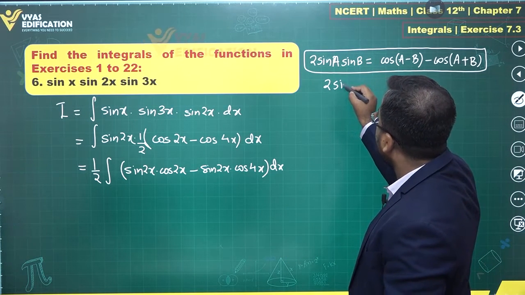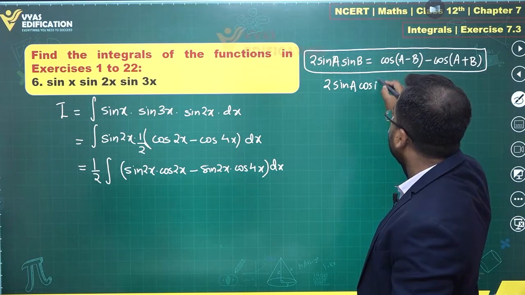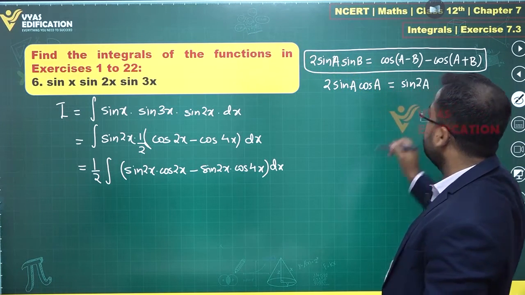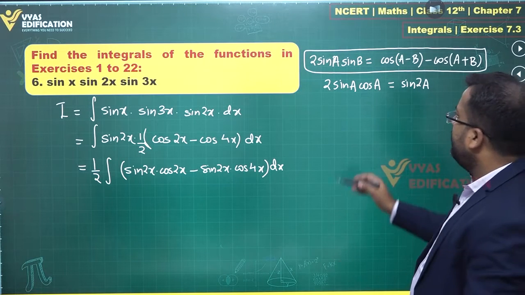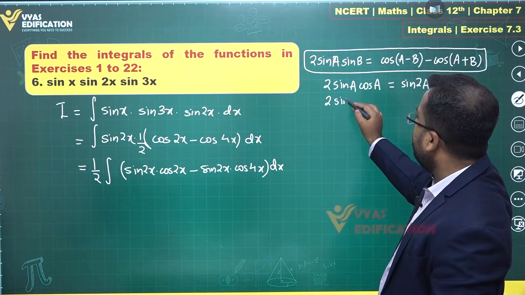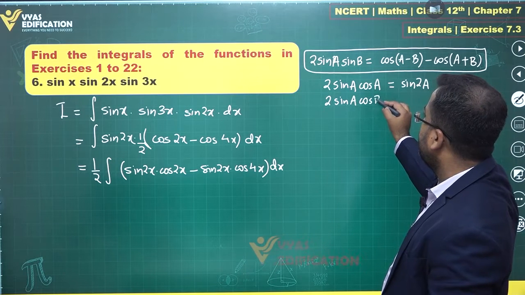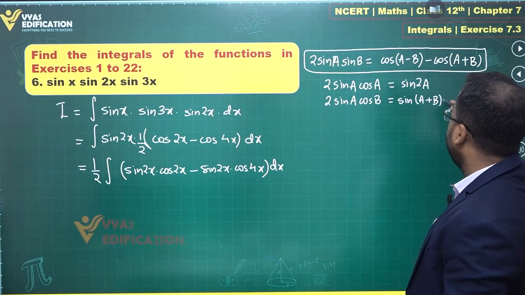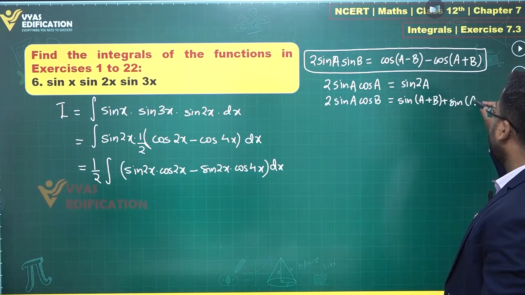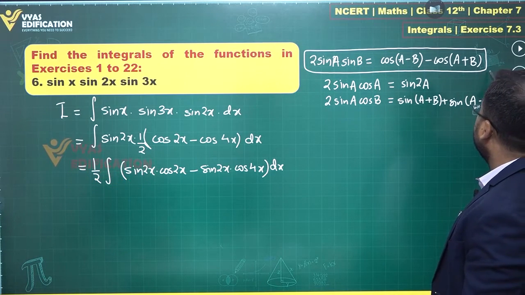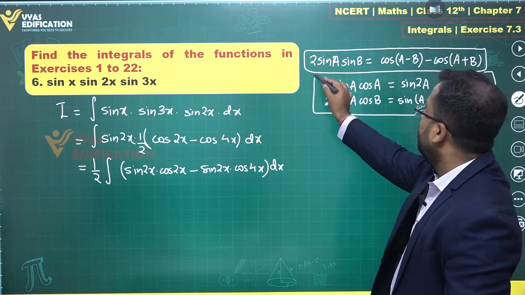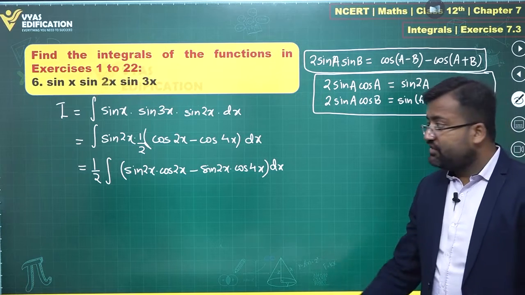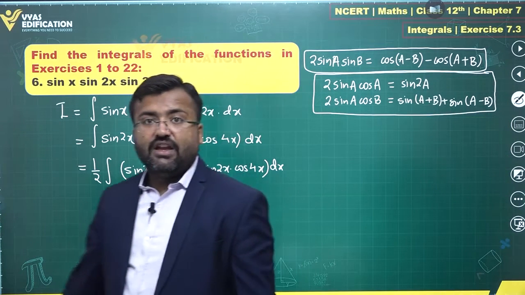2 sin A cos A, if these are the same, then this becomes sine of 2A. Simply this, right or not? Whereas if you have 2 sin A cos B, this is equal to sine of A plus B plus sine of A minus B. So using these two identities, I'll simplify these two expressions, this integral over here.